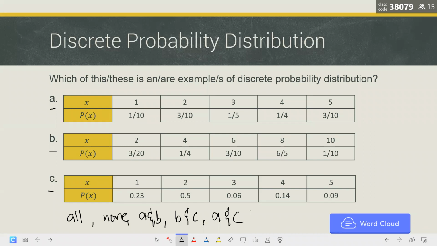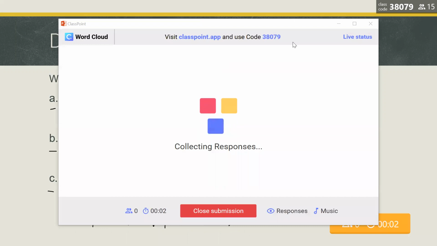Okay. Ngayon, class, ang gagawin nyo ngayon for our activity, hahanapin nyo kung saan dito yung discrete probability distribution. And then kapag nahanap nyo na, o wala kayong nakita, o kung nakita nyo man lahat, punta kayo sa class point. And i-type nyo yung answers ninyo.